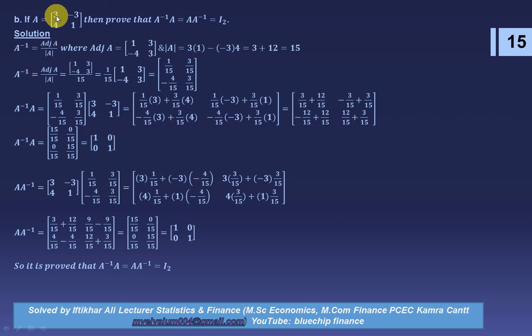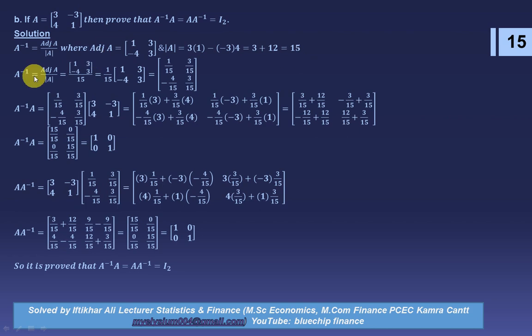So it will become 1 plus 3 minus 4, 3, that is the adjoint of A, and for the determinant we just multiply 3 multiplied by 1 minus 3 multiplied by 4, and that will be equal to 15.